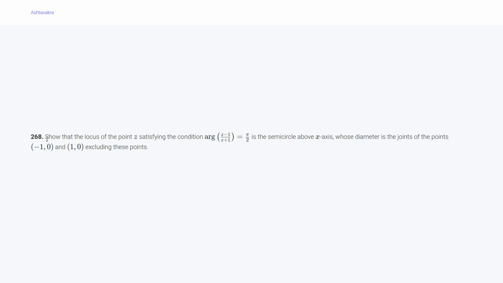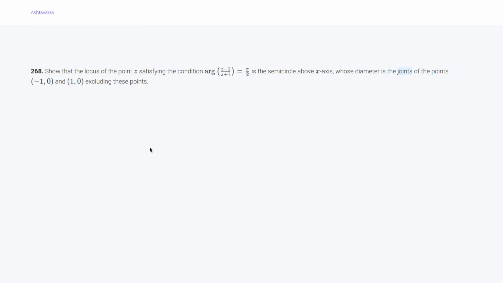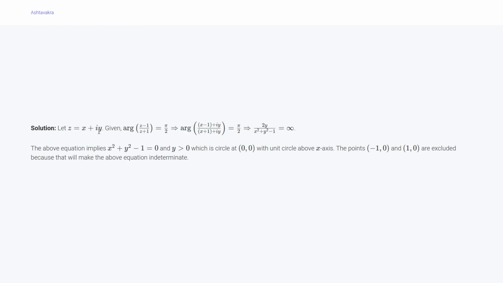Question 268 says show that the locus of a point z satisfying the condition argument z minus 1 by z plus 1 is equal to pi by 2 is the semicircle above the x-axis whose diameter is the join of the points minus 1 comma 0 and 1 comma 0, excluding these points. So we substitute x plus iy and proceed like the previous problem.